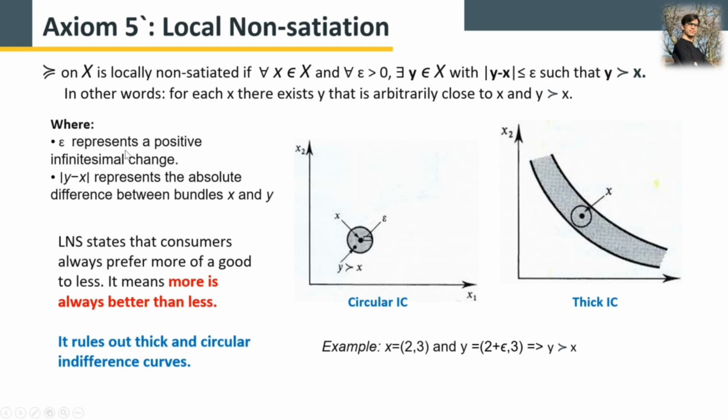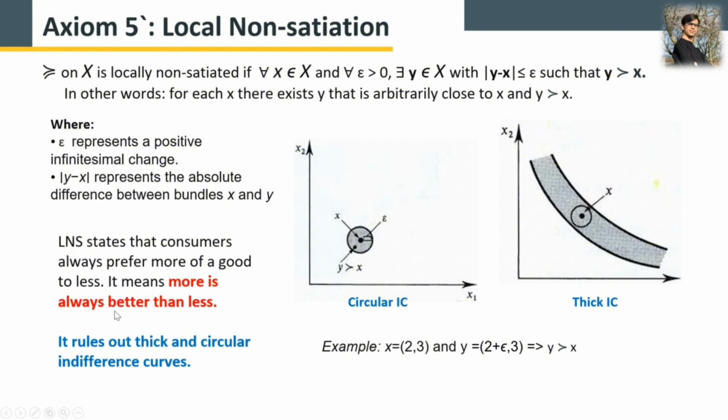Here, this epsilon represents a small positive change. And y minus x, with the absolute notation, represents the absolute difference between bundle x and y. So this locally non-satiated preference relation states that consumers always prefer more of a good to less.